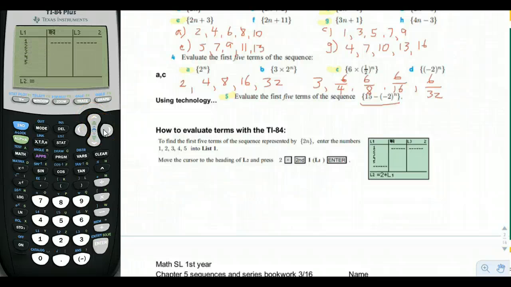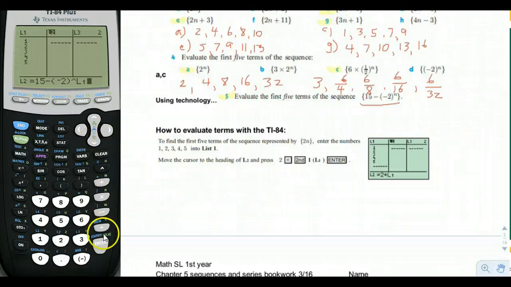So we're going to put 15 minus, and then in parentheses negative 2, to the nth. And the nth would be L1, right? Because we put those values into L1. And that's it, right?